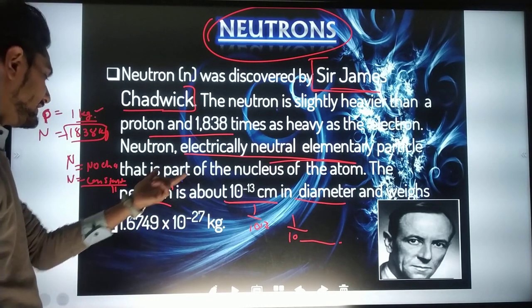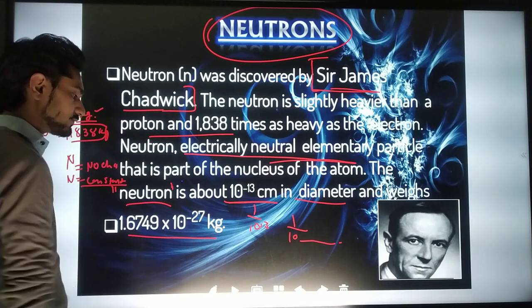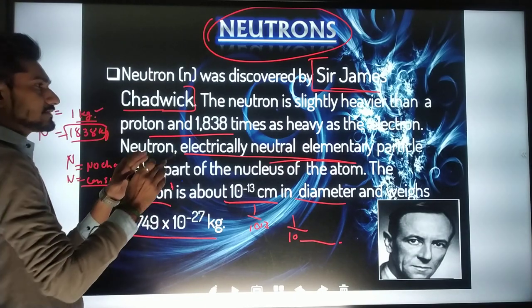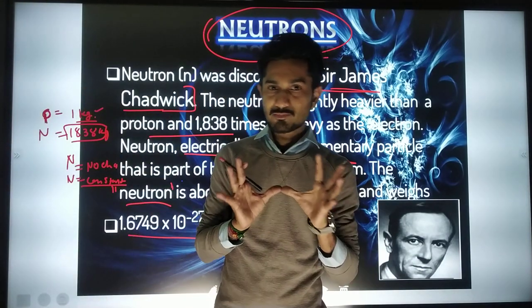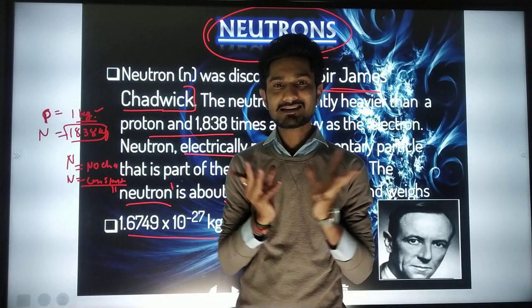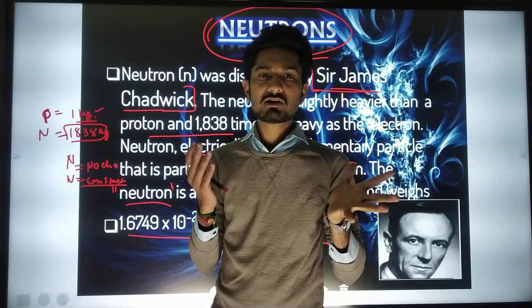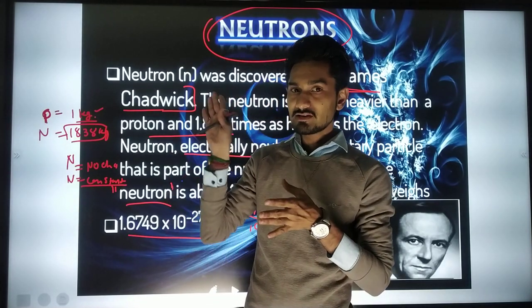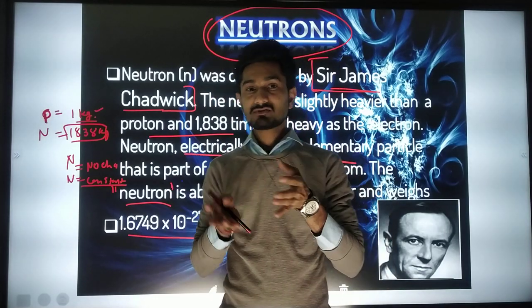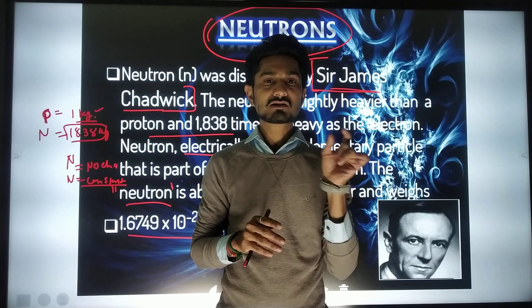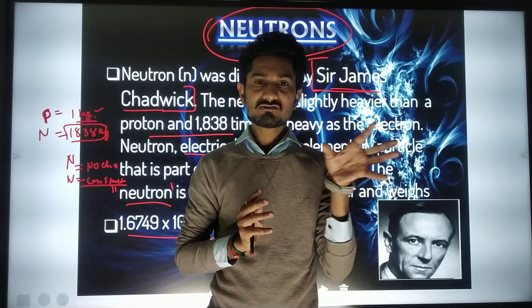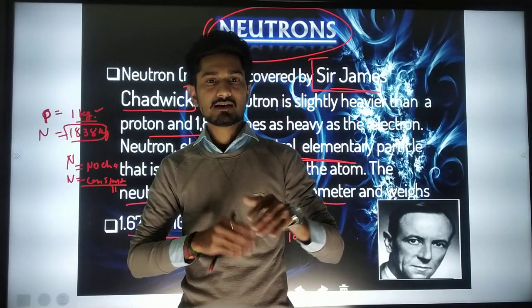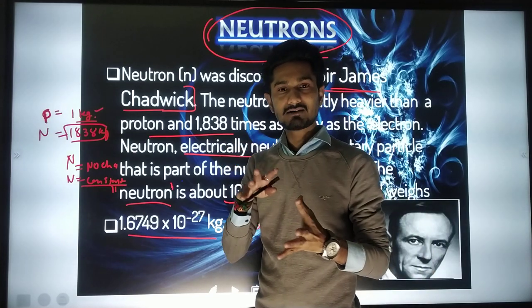Its mass is 1.6749 into 10 raised to minus 27 kilogram. Because of its no-charge property, there is no value given for the neutron's charge. In the electron we have seen the value of the charge, which is considered in coulomb. Charge value is always considered in coulomb, but because the neutron has no charge, it is not given here.